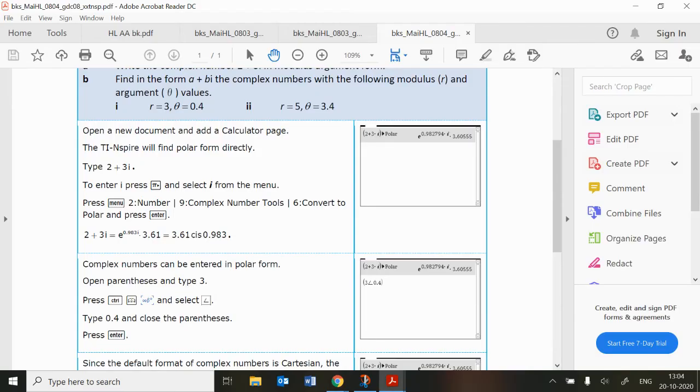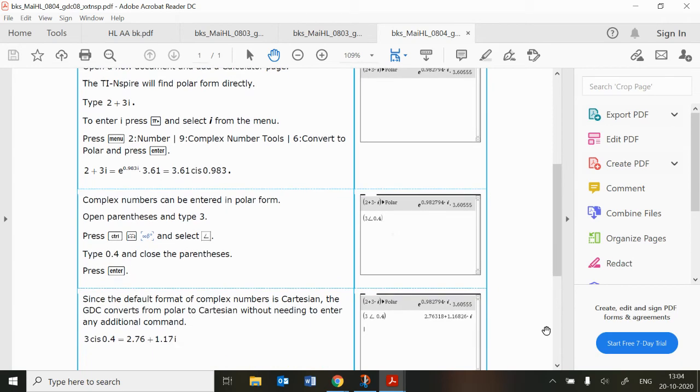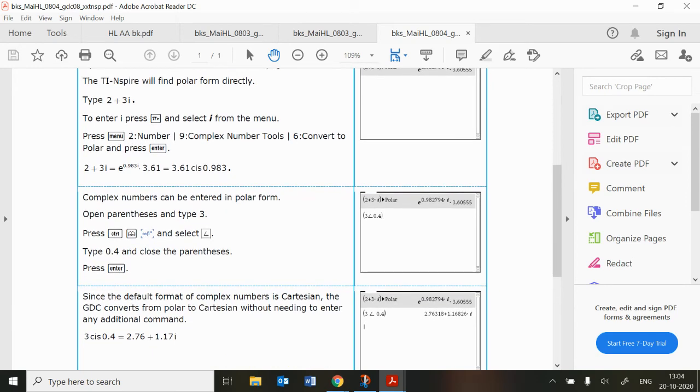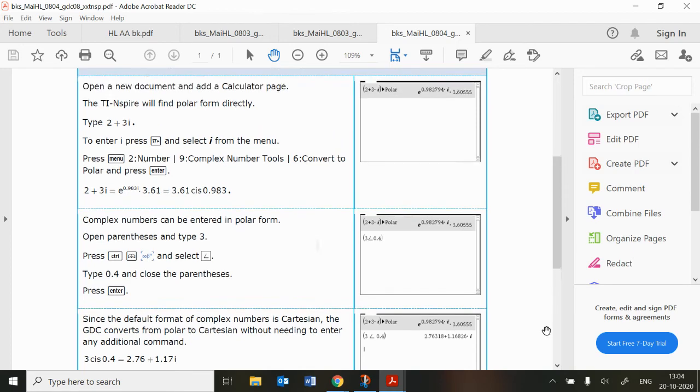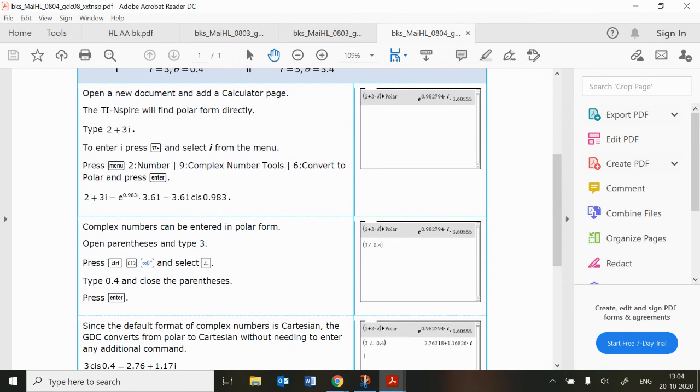Okay, so also you can go in the other direction as well. So if your calculator mode was on the rectangular mode, then you can put in a complex number in polar form by using brackets, what they're calling parentheses.